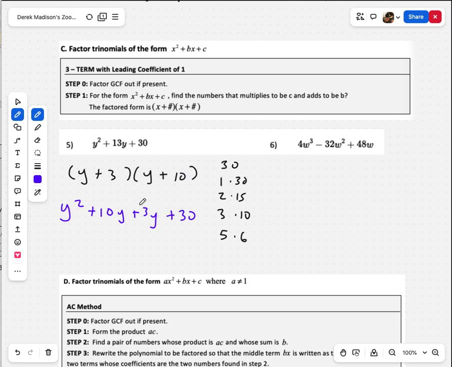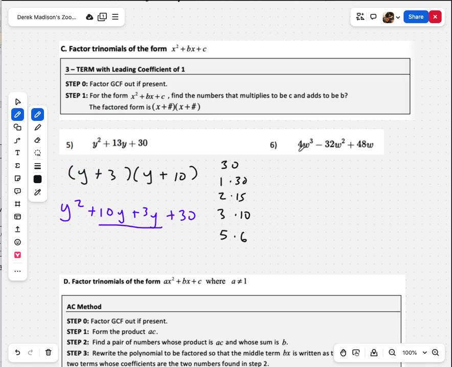So when you FOIL, which is the reverse of factoring, FOIL is multiplying, factoring is breaking something up into its factors. But when you FOIL, the ends multiply to be the number on the end, and then they add to be the cross term in the middle. So there's our plus 10 plus 3 that makes our plus 13. So that's how come you want to say what multiplies to be the number on the end adds to be the number in the middle.